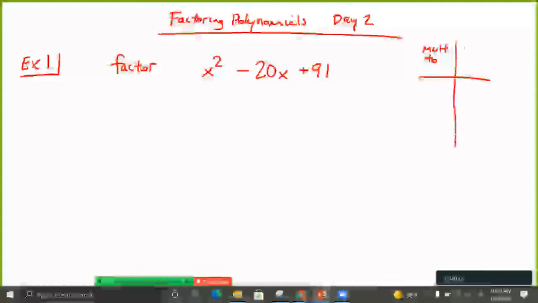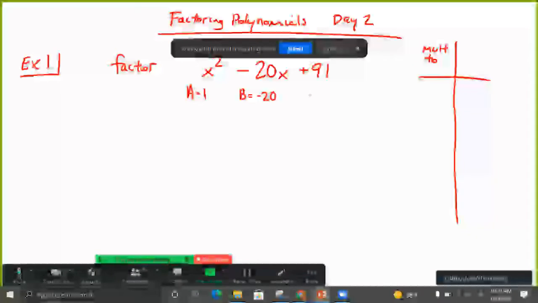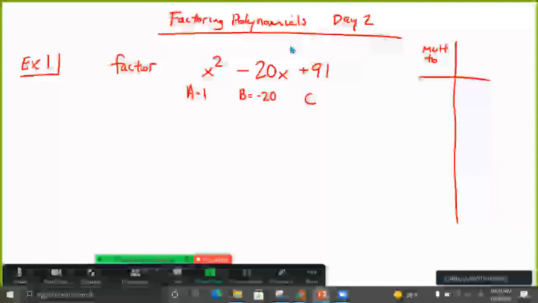You recognize the A, B, and C. Absolutely. Thanks, Aaron. A is 1 still. Why is it 1? Because there's no number being multiplied to the x squared. So we're just going to call that 1. 1 times x squared. B is negative 20. And then C is 91.